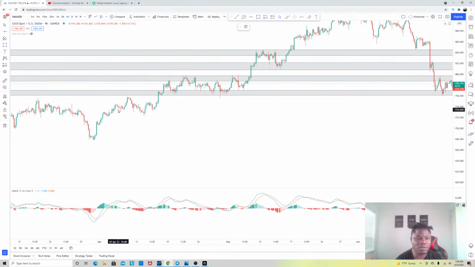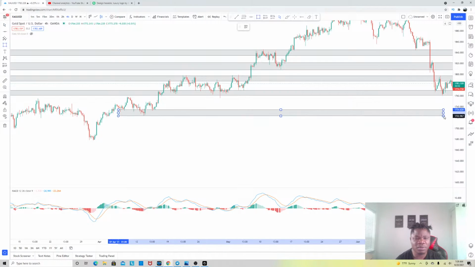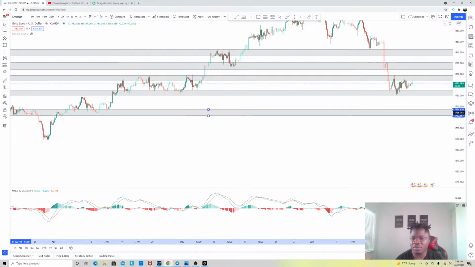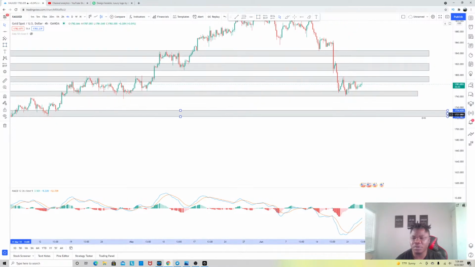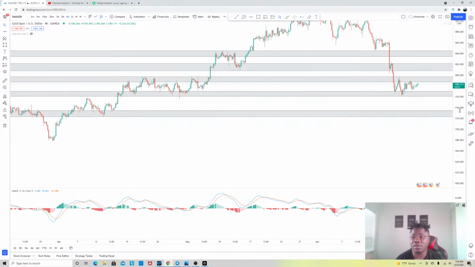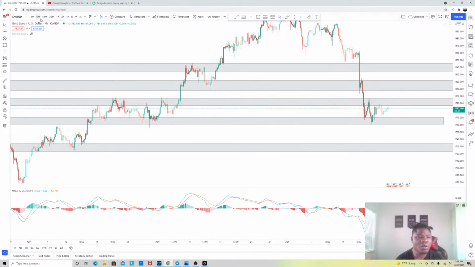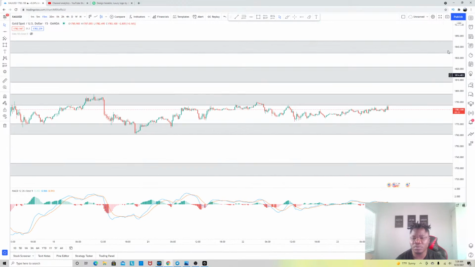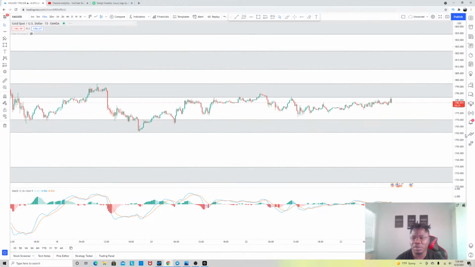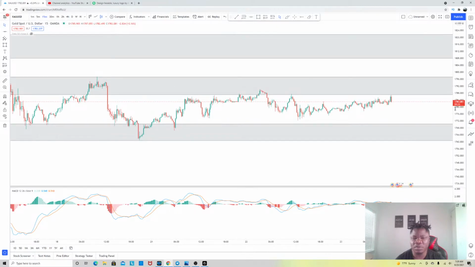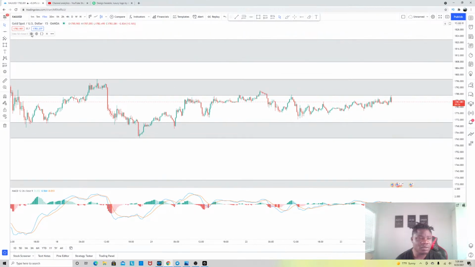So, let's look for all right, now let's see what this is looking like on the lower time frame. So gold is currently in consolidation. There's really nothing going on with gold based on the higher time frame.